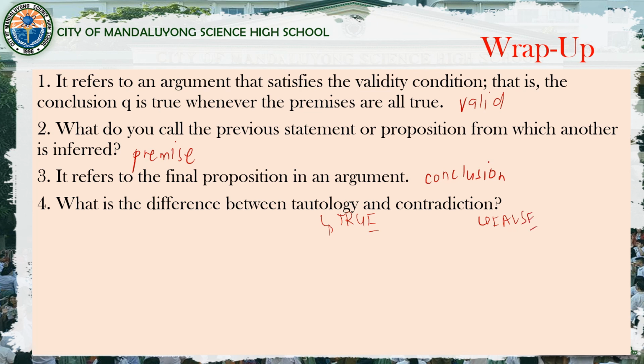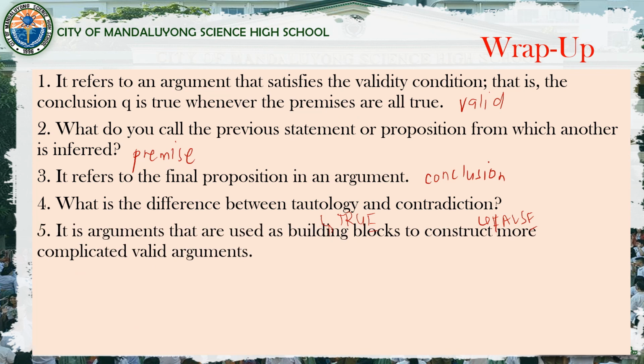Mahusay talaga ang mga bata. Sumunod, it is arguments that are used as building blocks to construct more complicated, valid arguments. Okay, tama. Ang tawag dyan ay Rule of Inference.